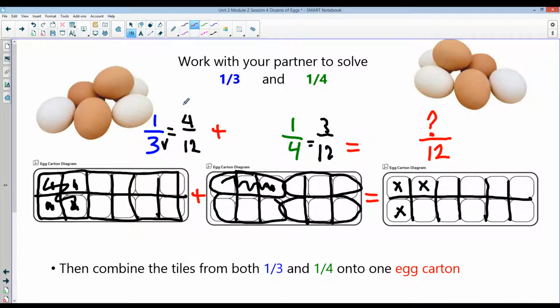And let's just get a different color. And then we got our 4 12s here. 1, 2, 3, 4. So as you can see here, we're in 12, so that remains the same. The 4 plus the 3 is 7 12ths. And here's a visual of that. That makes our eggs happy when we have common denominators.